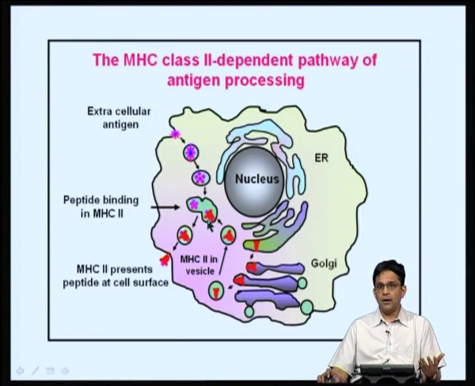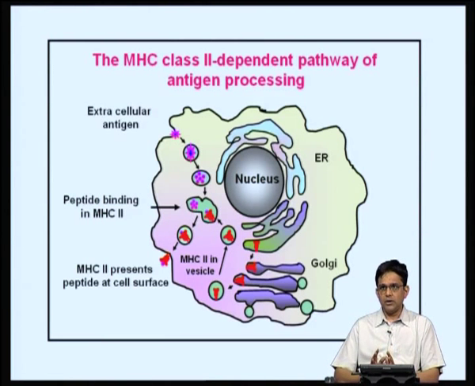Over here you will remember that invariant chain is cleaved, and you have MHC 2 molecules along with CLIP, and then DM removes the CLIP and helps the MHC class 2 molecules load on higher affinity peptides, and then these are expressed on the cell surface.